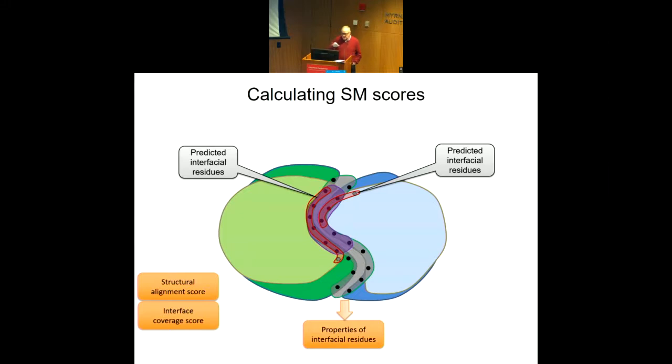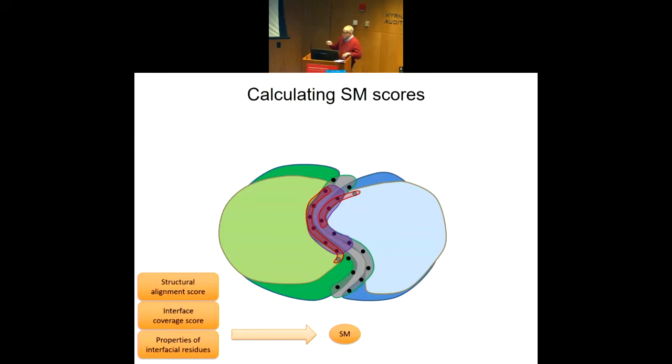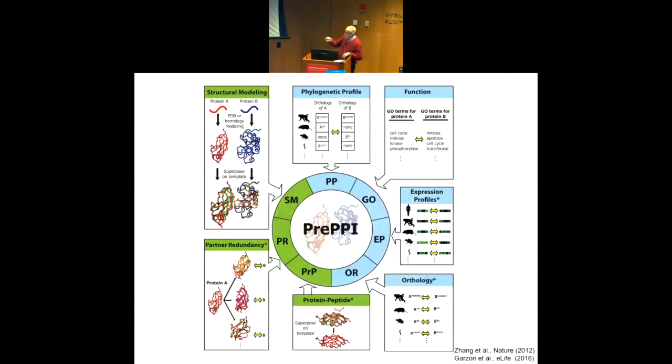So we have a statistical measure from which we get a score, what we call a structural modeling score. And then, using positive and negative data sets, we compute a likelihood ratio that this complex between the light blue and the light green actually occurs. As I said a few minutes ago, we combine structural scores with other sources of information.